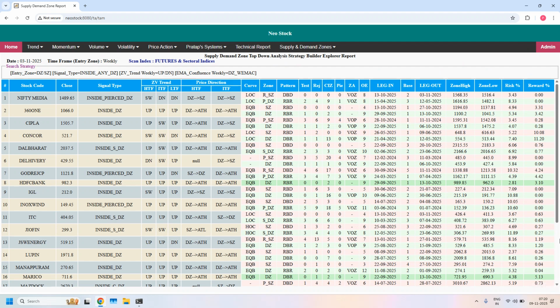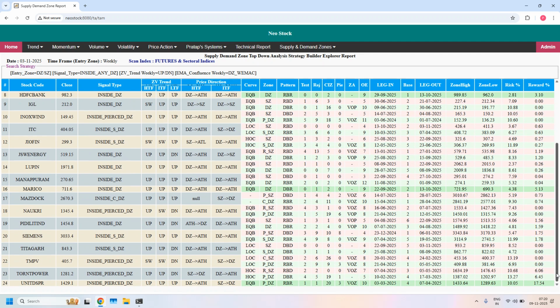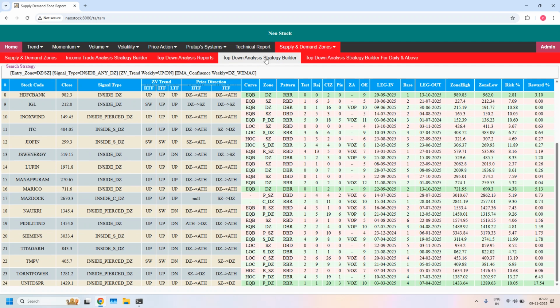First 16 stocks in the list. Scrolling the list down. Total we got 24 stocks. Okay, next.